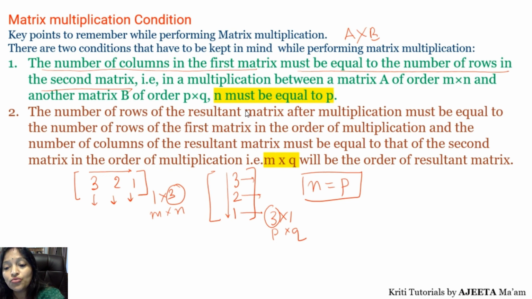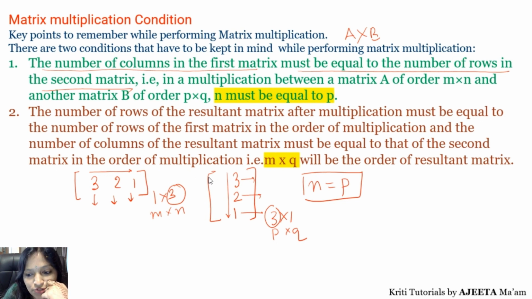The number of rows of the resultant matrix after multiplication must be equal to the number of rows in the first matrix in the order of multiplication, and the number of columns of the resultant matrix must be equal to that of the second matrix in the order of multiplication. That is, m by q will be the order of the resultant matrix.